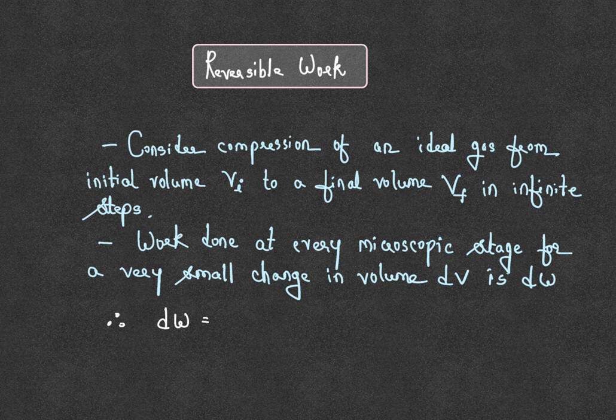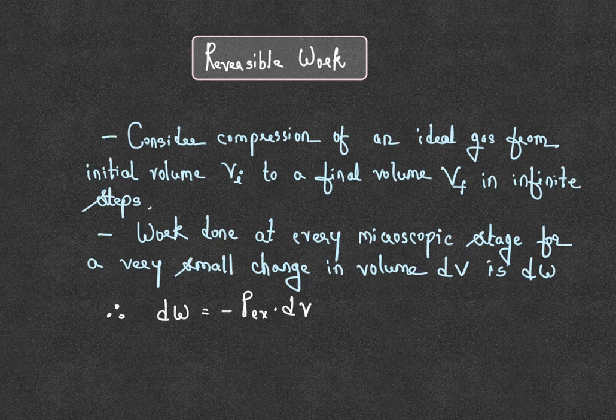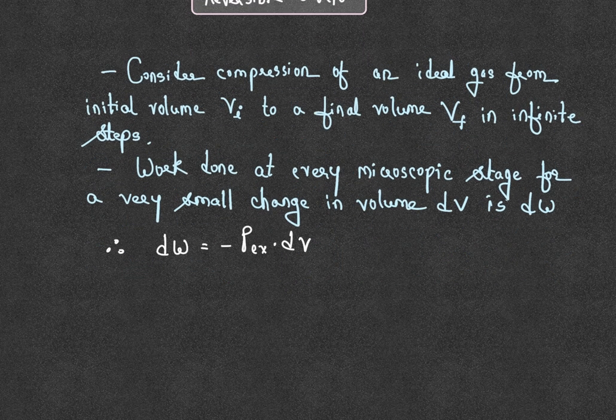The microscopic step where volume changes only by dV is an irreversible step, where pressure remains constant. And for that, we say it's minus P external into dV.